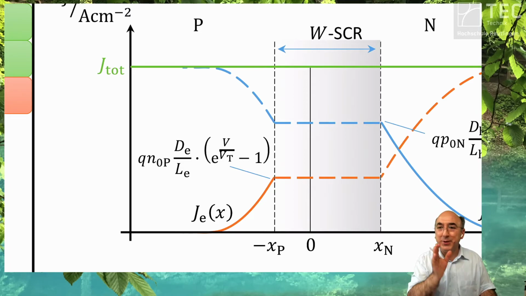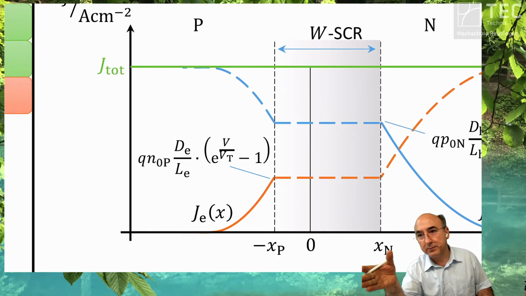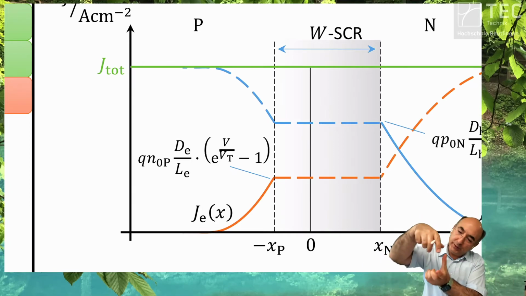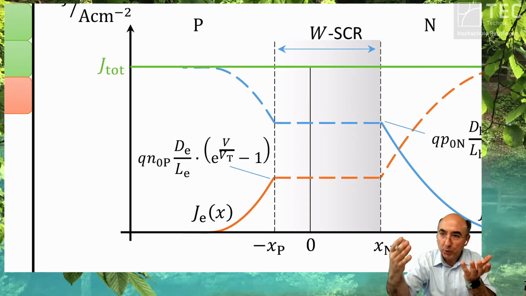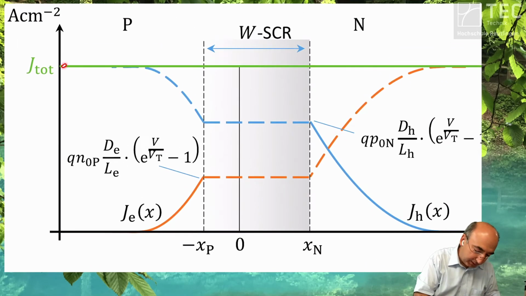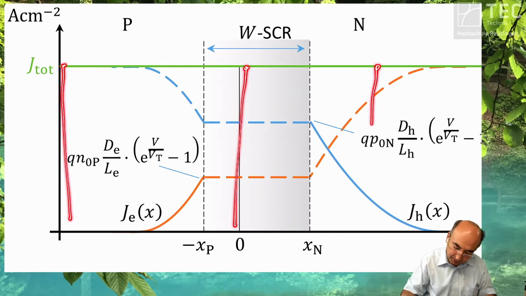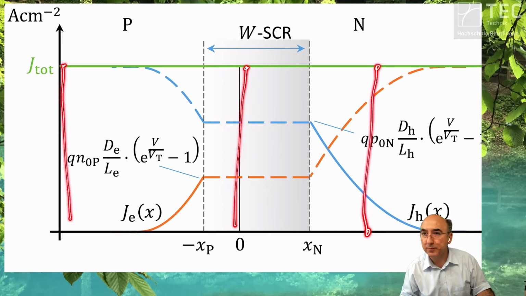Well, everywhere in the diode, the total current is constant. Sure, if you put here 1 ampere, there the 1 ampere goes out. And if the cross section is constant, then the current density is constant.